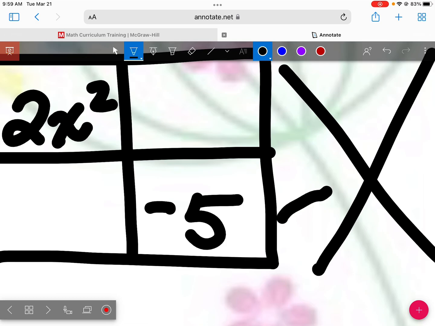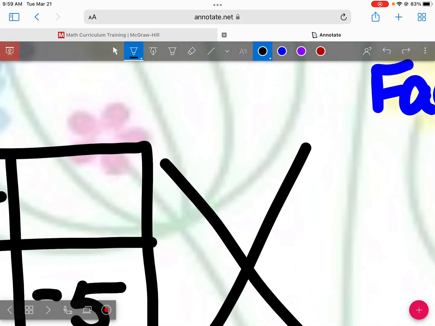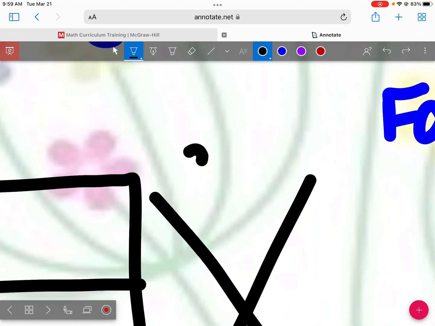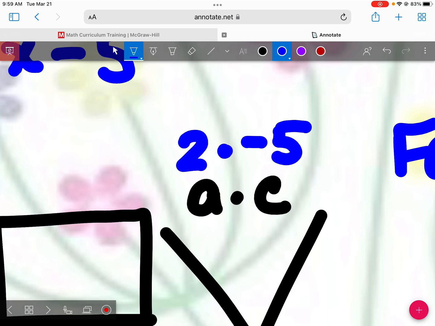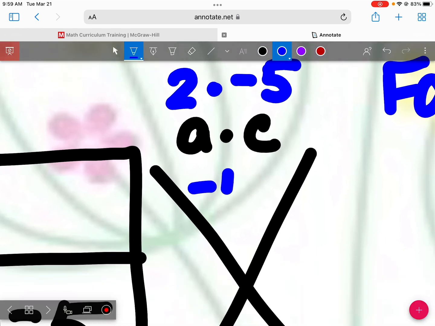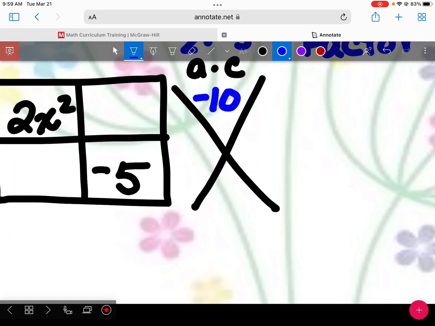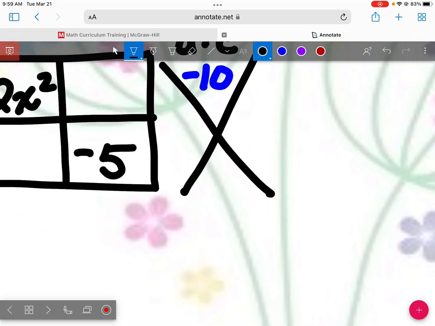How do I use this x now? A times c, so what numbers are we multiplying? 2 and negative 5. 2 times negative 5 would give me negative 10. So I need two numbers that multiply to give me negative 10, but add to give me what? Negative 3.